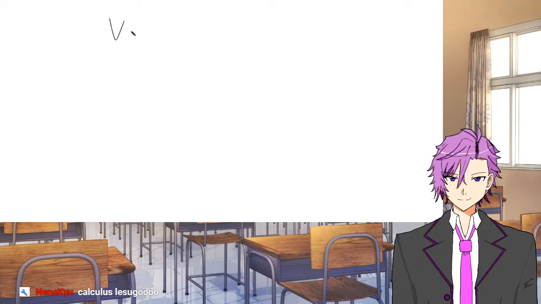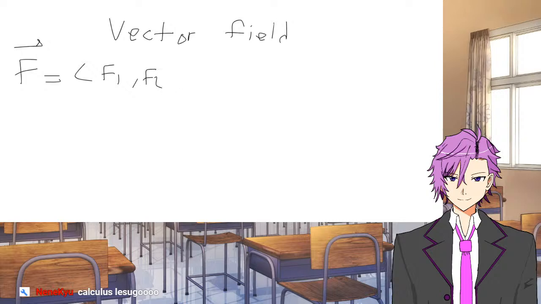Vector field. I'll just touch on this a bit, just pretty short. So vector field F, for example, would be, let's just say this is F1, F2, F3.